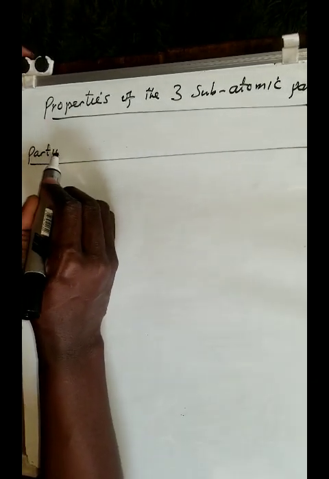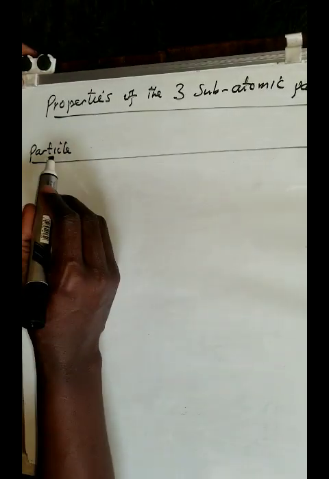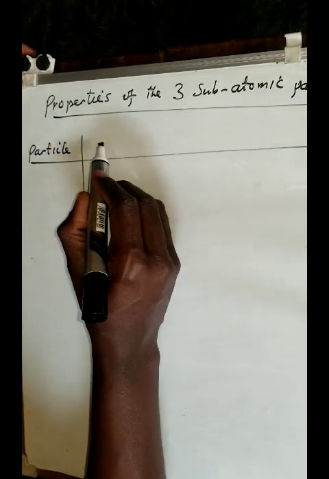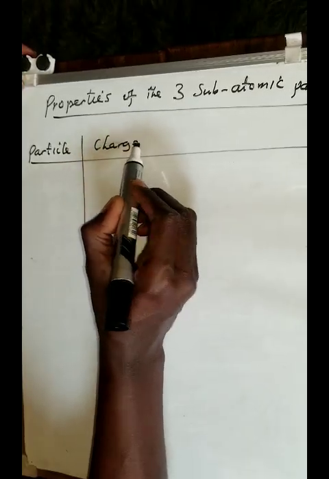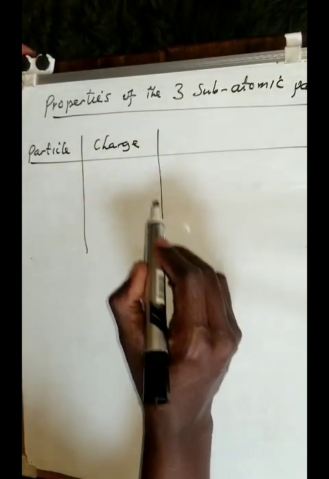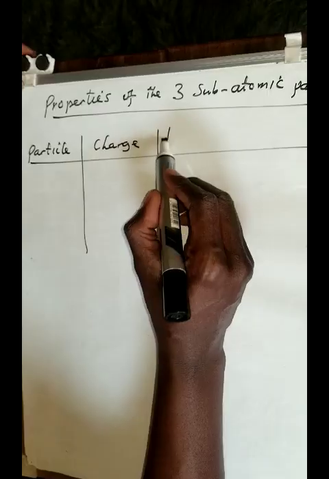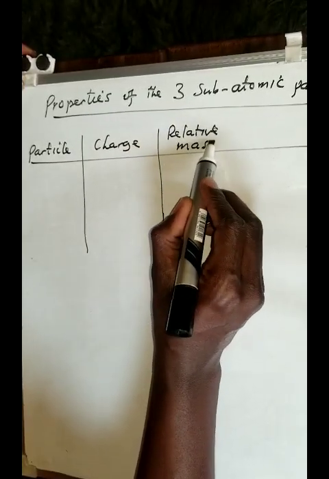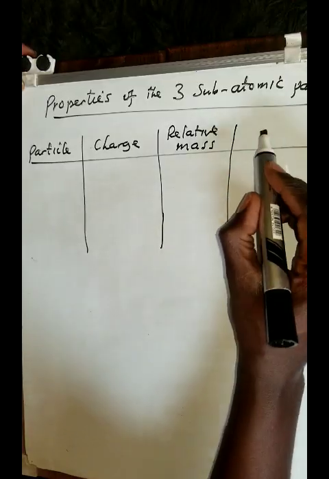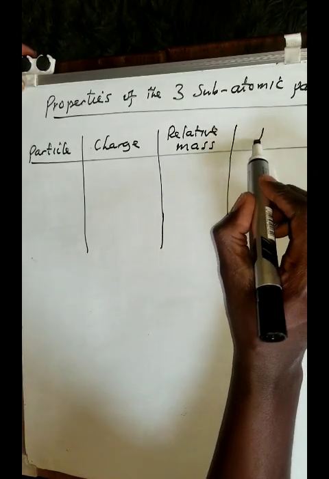In the table I can say the particle. Then this side I can say the charge that the particle is going to have. Then I can talk about the relative mass, or the atomic mass unit, and the location.